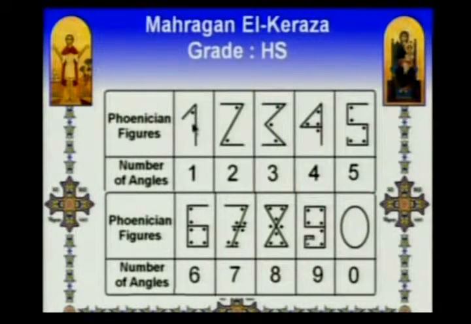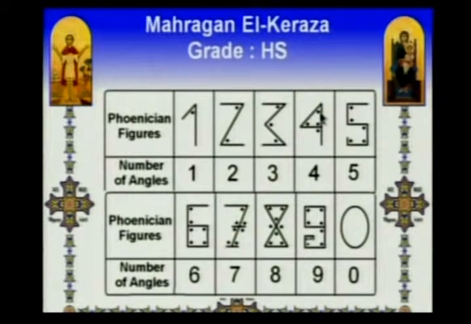The first figure, as you can see, has one angle in it, and this denotes number 1. The second has how many angles? 1 and 2. So this stood for 2. The third shape has 3 angles, and this stands for 3.